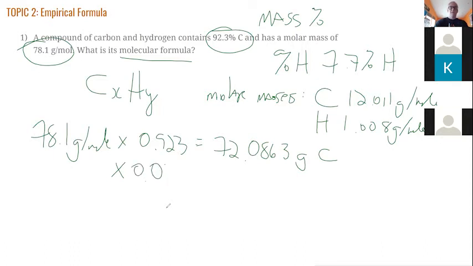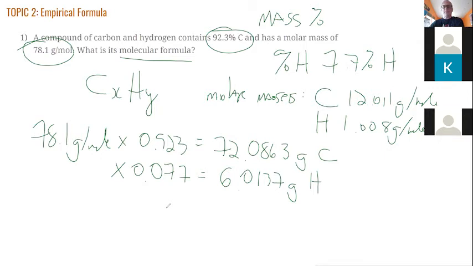Oh, right, because when we add those two things up, we should get 1, right? So how much hydrogen do we have? 6.0137 grams. 6.0137 grams of hydrogen. So that's how many grams of carbon there are in a mole, and that's how many grams of hydrogen there are in a mole.